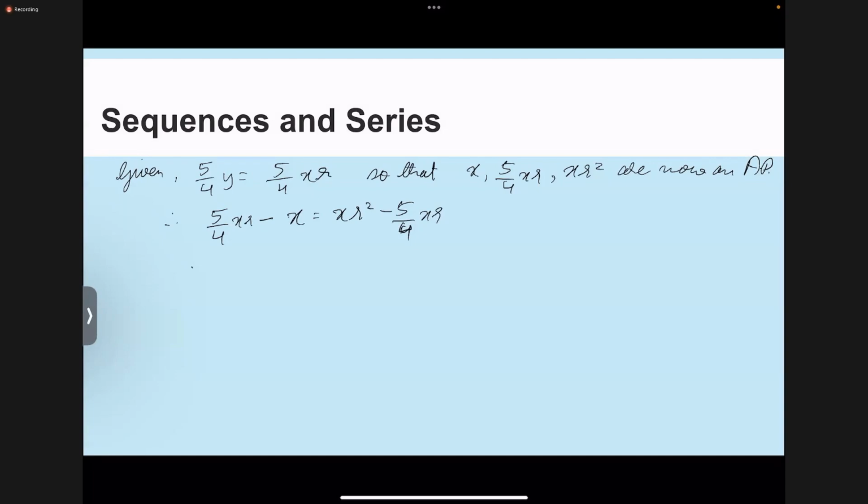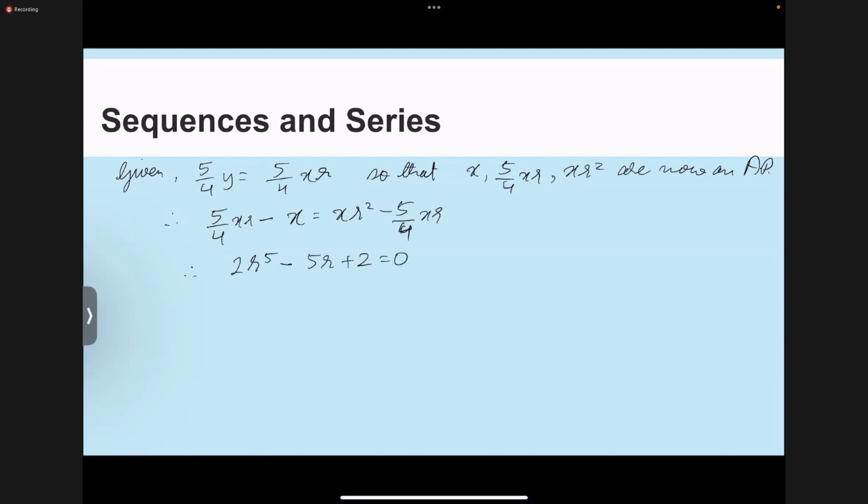So that is what we have noted over here. And so now you can convert this into a quadratic equation so that we can solve for our r, and then eventually we can get our x. For this, you can write it as 2r squared minus 5r plus 2 is equal to 0.